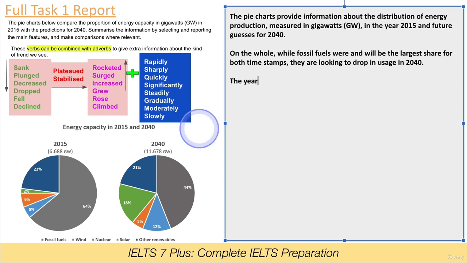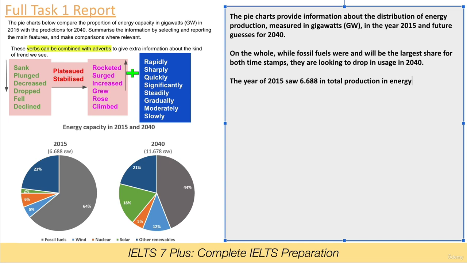Maybe the year of 2015 saw 6.688 in total production in energy.